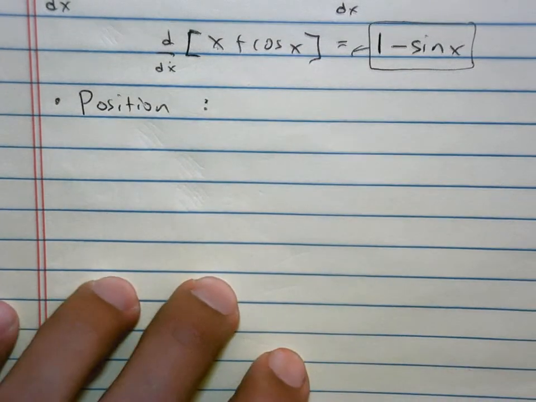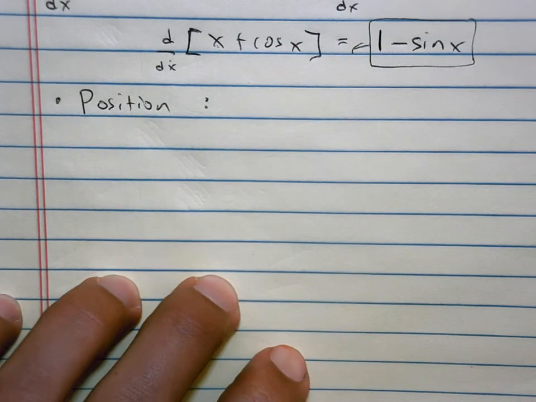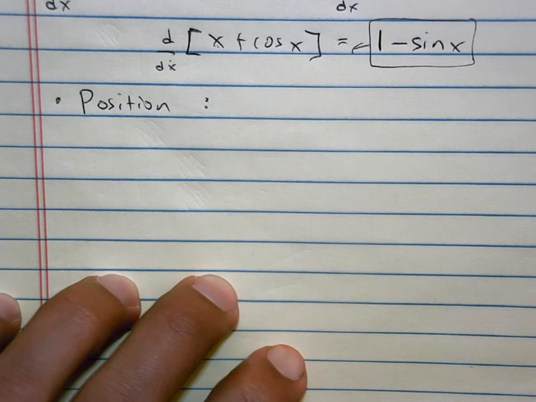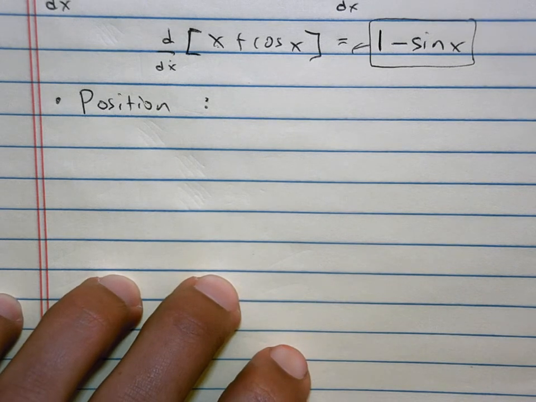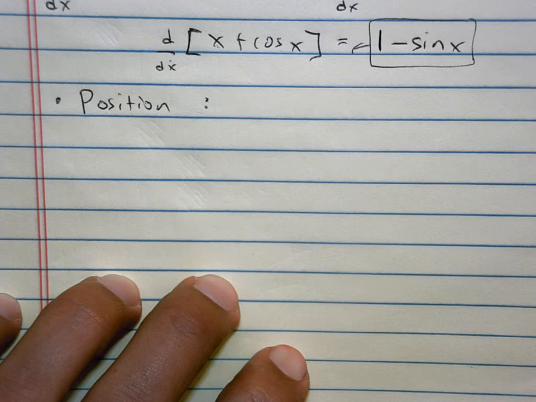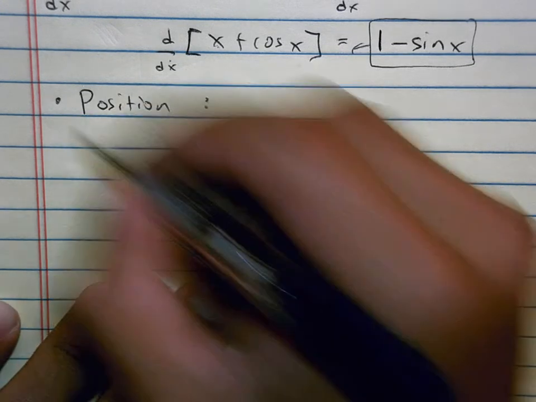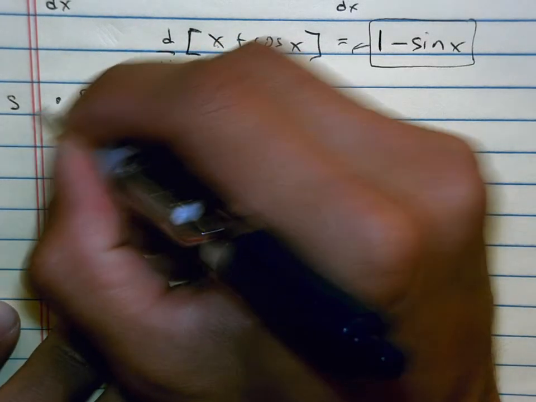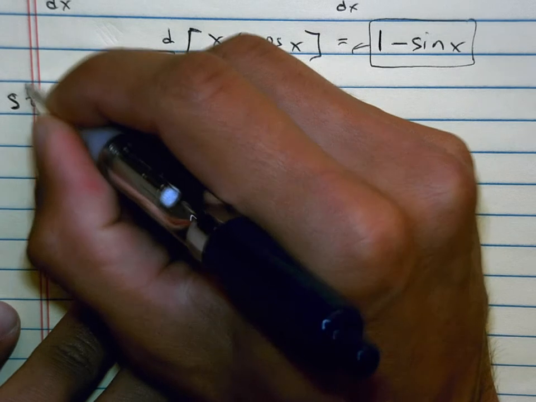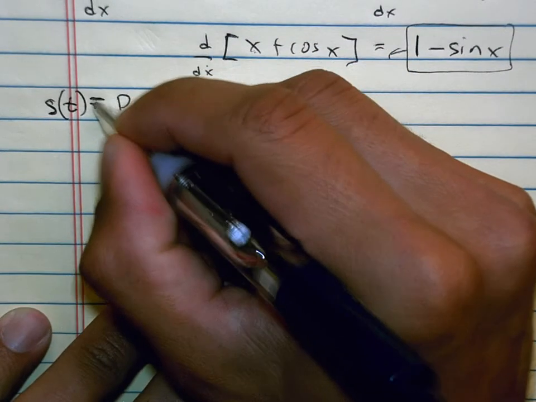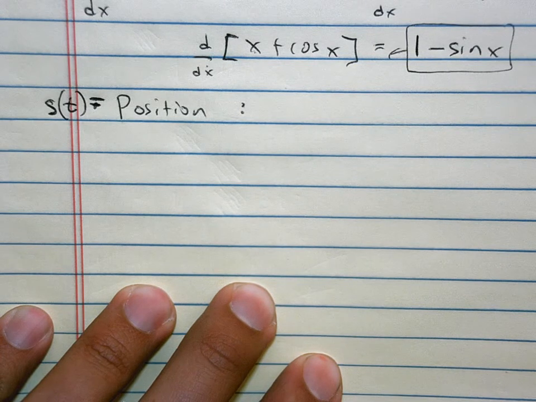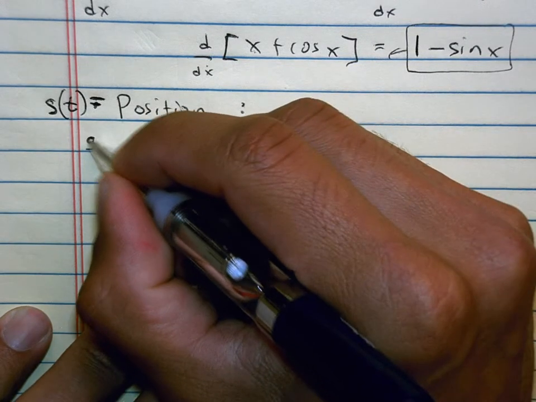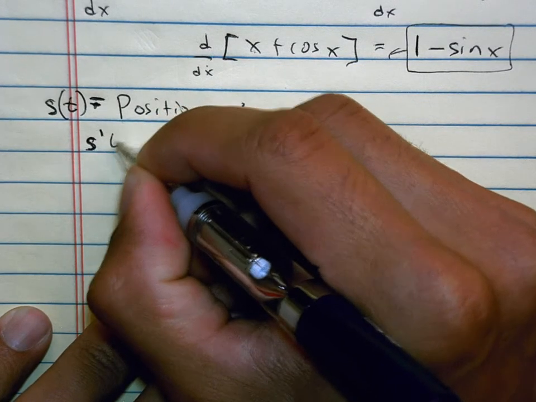If I have a function, the whole reason you are learning this, why on earth are we learning derivatives, Mr. Paramo? Because of the derivative of position. Let's call position s of t. S of t equals position. The derivative, stop crying, William. It sounds like you're crying.